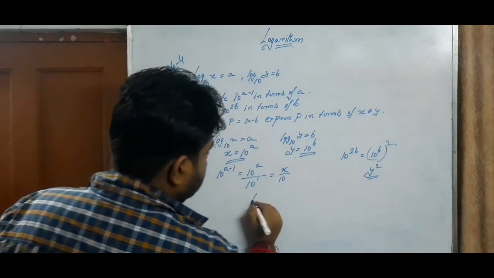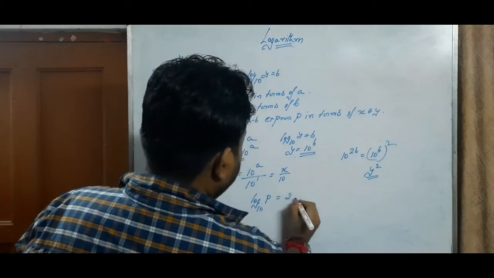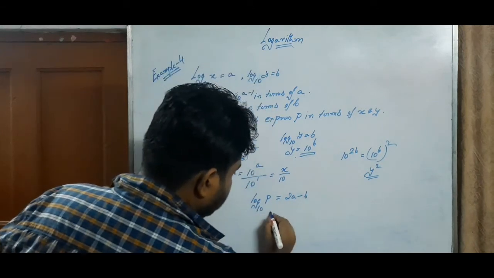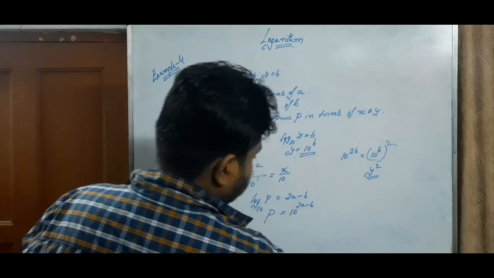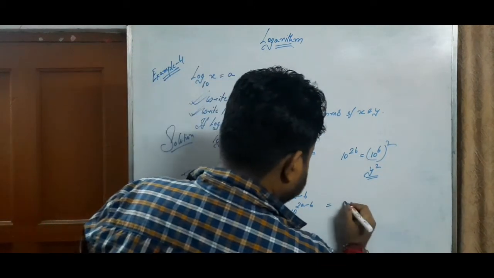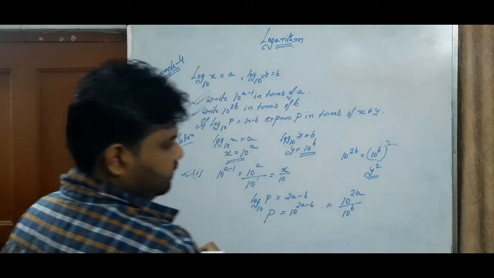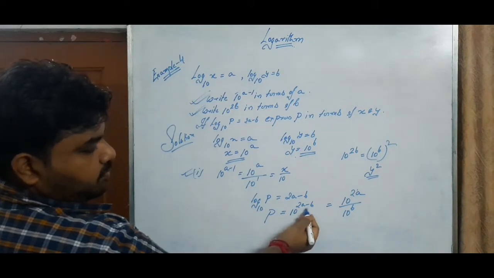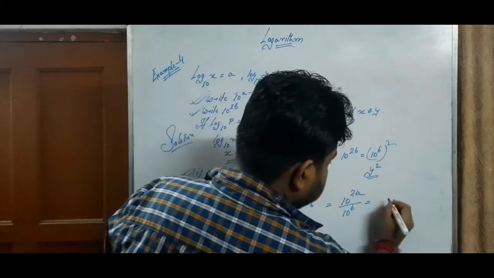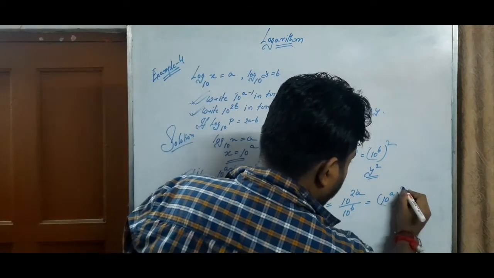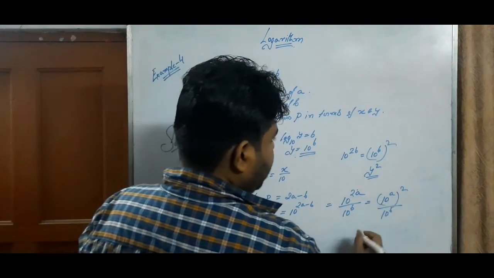Now log p equals 2a minus b. So we can write p equals 10 to the power 2a minus b. Now that is 10 to the power 2a by 10 to the power b. Minus sign in power means division. That is, we can write 10 to the power a whole square by 10 to the power b. 10 to the power a means x, we know.